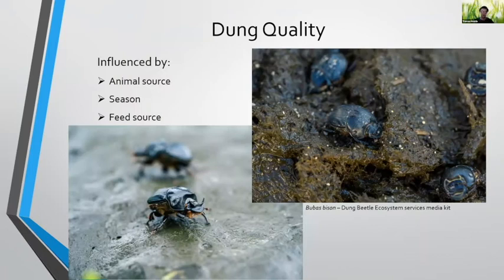So there is actually a bit of information on the fact that the dung quality influences the reproduction of beetles. So it's influenced by the animal source, so whether it's a sheep or a cow, or even a monkey and a donkey. The other influences are seasonal, so summer versus winter. Might not be huge variation in some areas, but in other areas, the variation is significant.